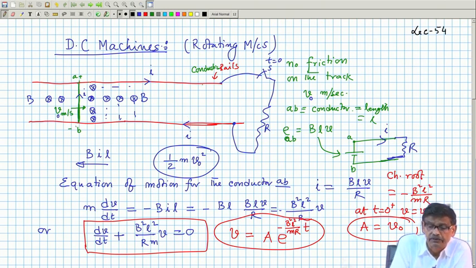But we know that when a conductor carries current I in this direction, and there is a magnetic field here, this conductor is also going to experience a force, and by applying the left hand rule, we find that it will experience force in the opposite direction, B I L. Therefore, the equation of motion will be m dV/dt equal to minus B I L, and then I is this much. So, you eliminate I, solve this differential equation, and you get this.